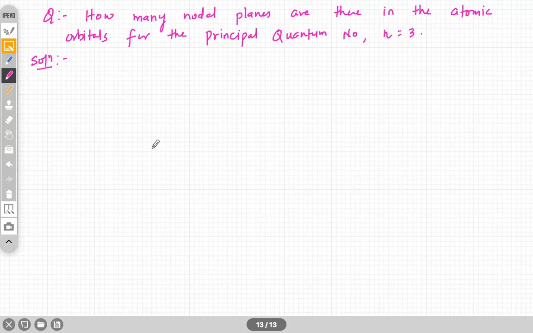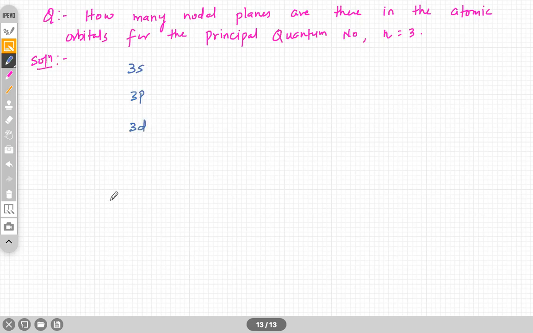See here, simple one. Which subshells do we have in the third shell? We have 3s, 3p, 3d. Correct. So 3s has only one s orbital, right? And it has zero nodal planes.